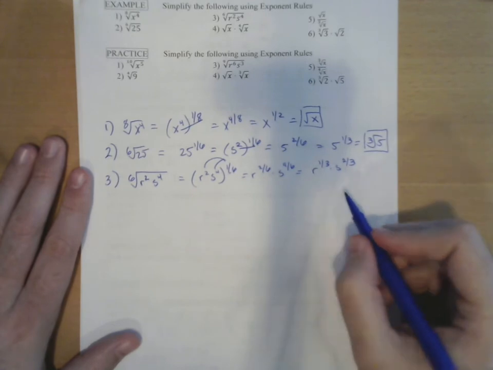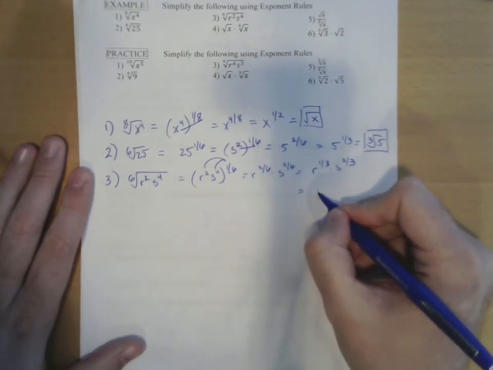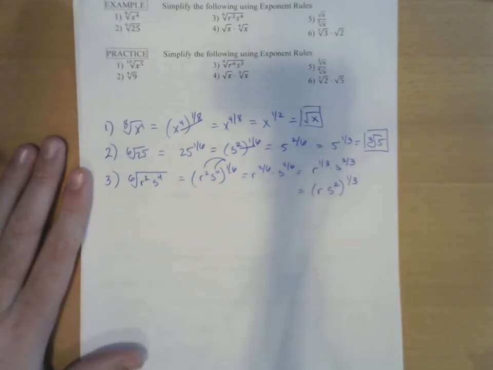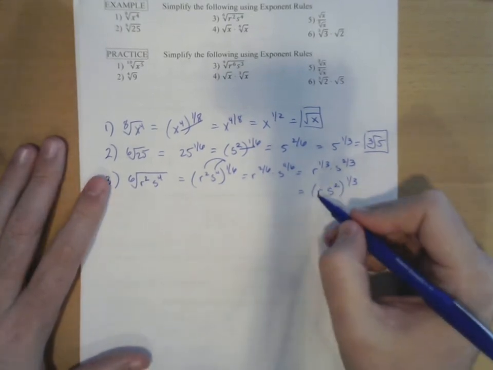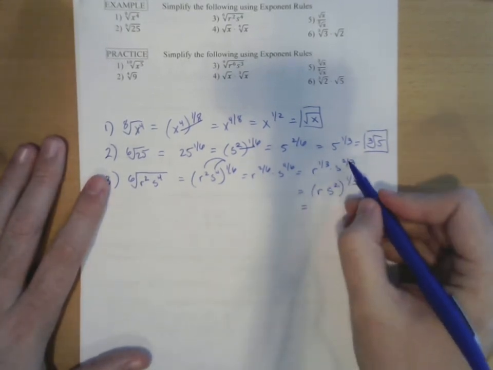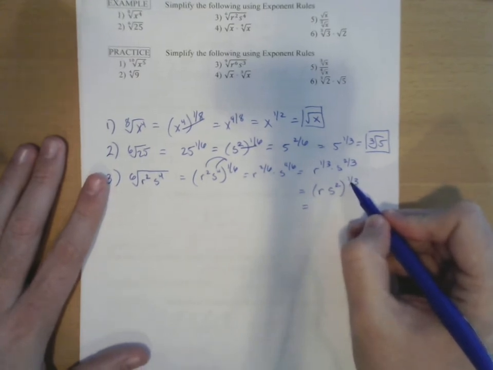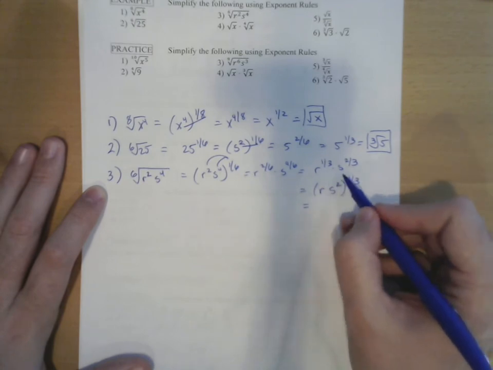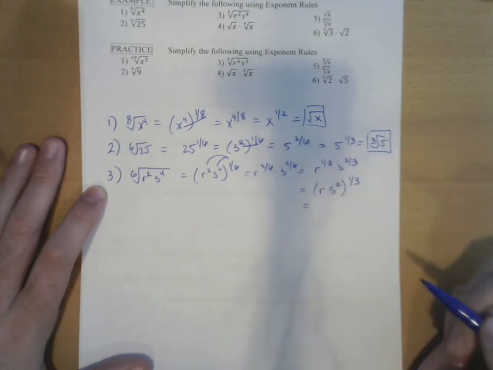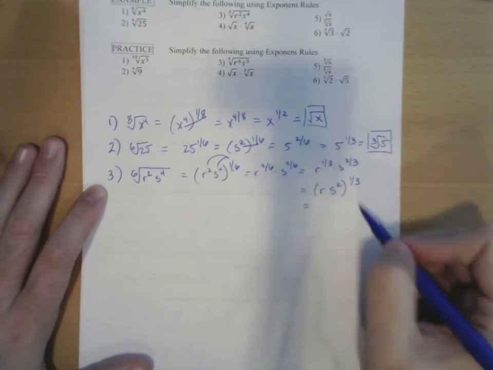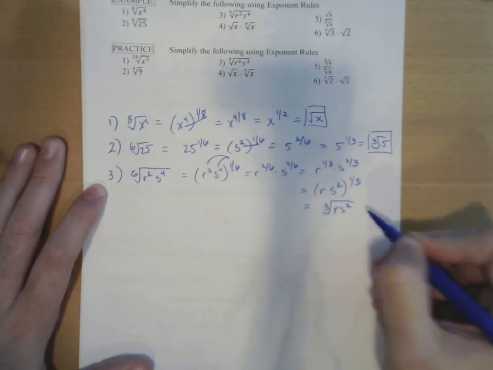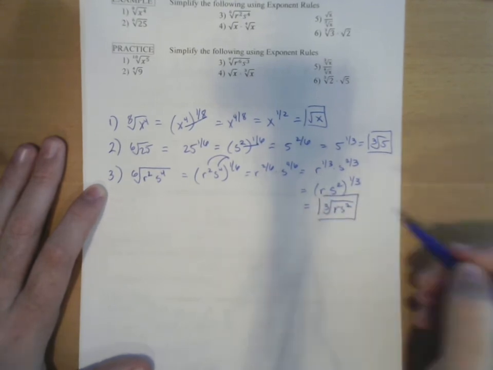And now what we actually do here is we factor out that 1/3, because we know that with our power rule of exponents, it can go in both directions. So instead of distributing, we factored it out of the exponents. And now we have the cube root of r s squared as our answer.